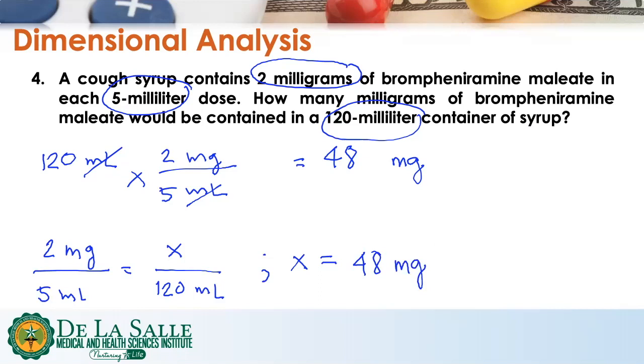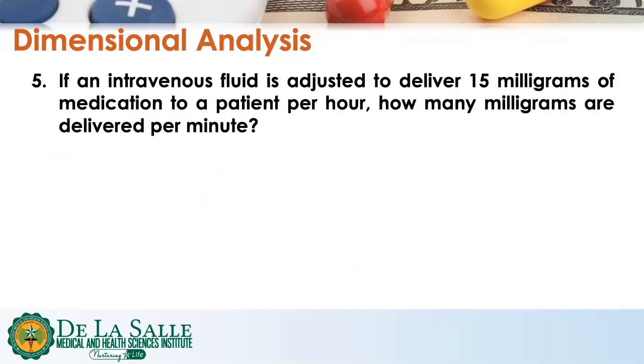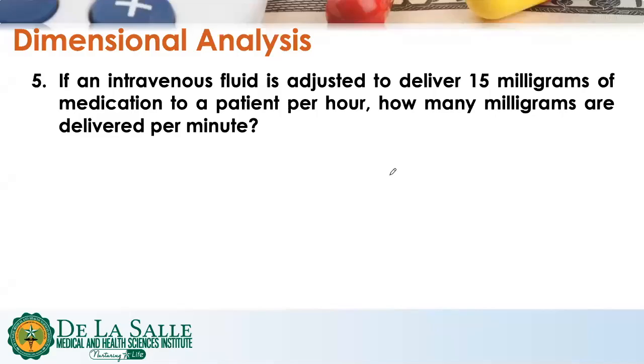Let us now proceed to the last question. If an intravenous fluid is adjusted to deliver 15 milligrams of medication to a patient per hour, how many milligrams are delivered per minute? Okay, so what is your answer?